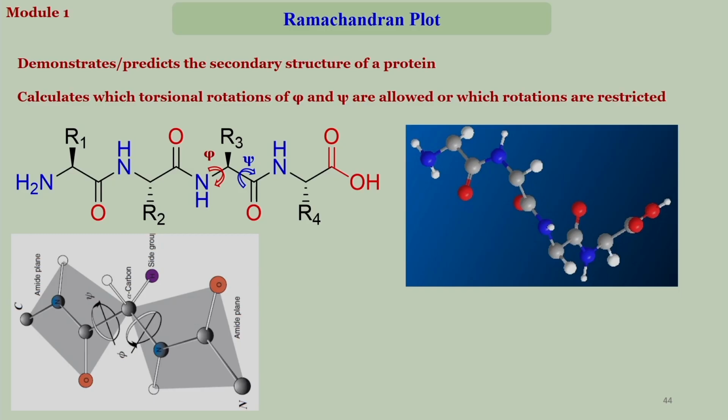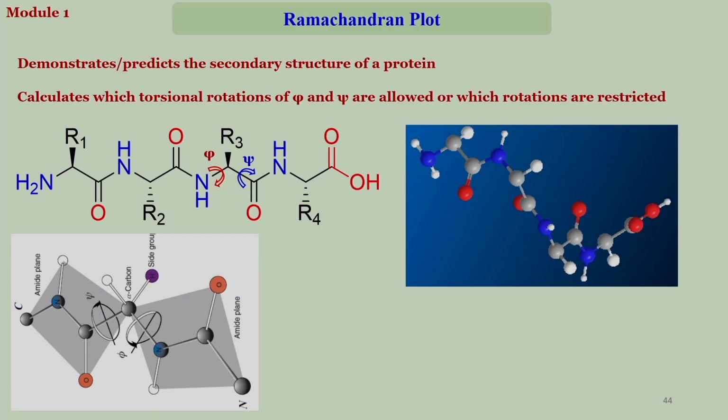So what it does, it basically calculates two angles, the rotation around two bonds, one is phi, another is psi. It is given here: you have one plane, you have the other plane, and the angle between the two planes is called the dihedral angle. This is a single bond, as I have told. So it is represented here.